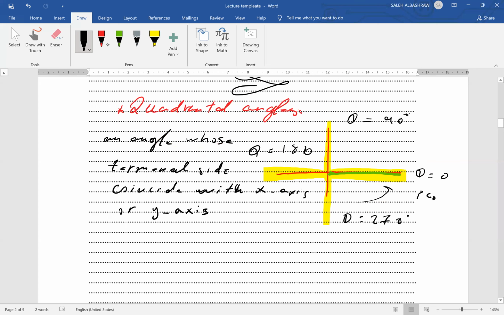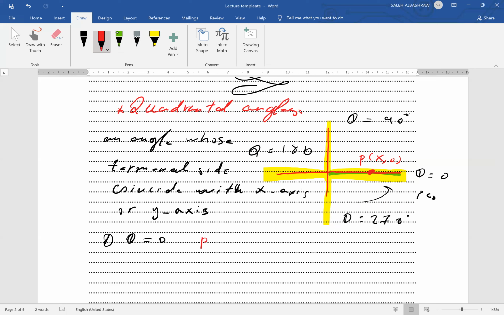So if we start with theta equal to 0, and we need to find the 6 trigonometric functions, I will choose any point on the positive x-axis. Suppose that I choose this point, and the coordinate can be x and 0. This is the point on the terminal side, x and 0. The y coordinate is equal to 0.